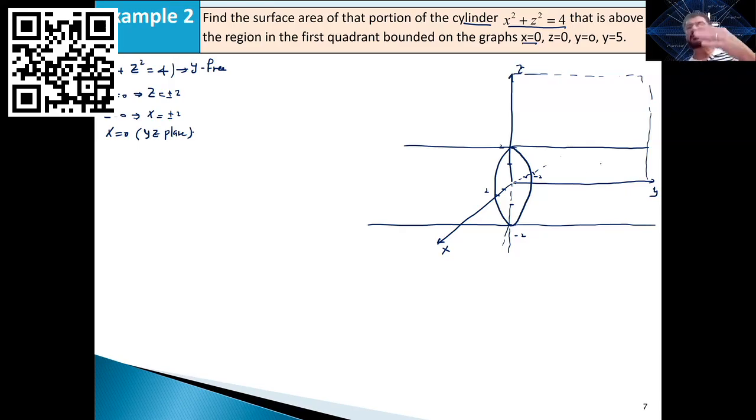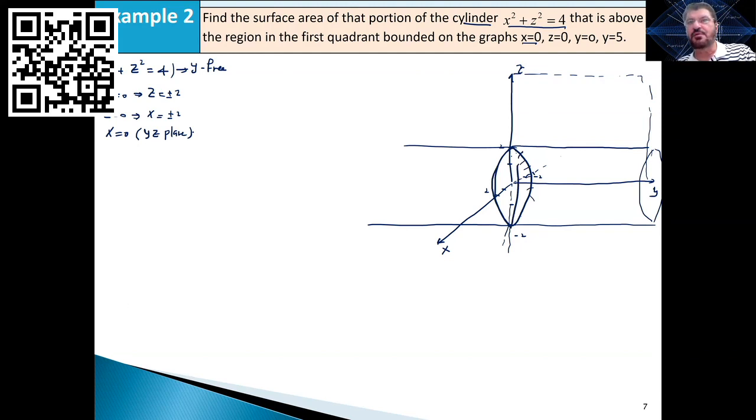Imagine this is like a tree, a circular tree, right? This is a tree hanging here. What's going to happen is that we will have it cut in the back. So the back side is going to be cut. So the XY plane is going to remove this part. So it will be only what? This piece of it.